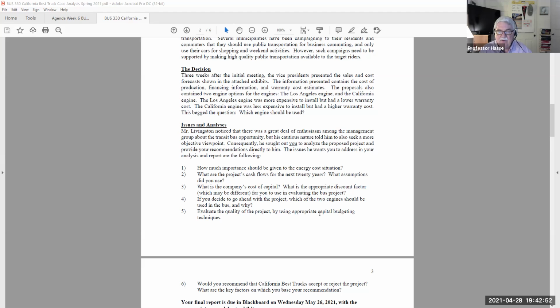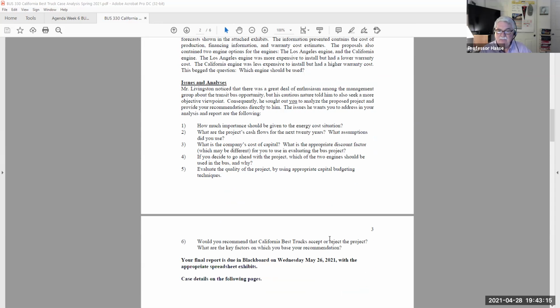So the paper is designed to, number 1, assess your ability to do a capital budget analysis, and secondly, to interpret it and write about it and present it in a format that makes sense and is understandable and how you did the interpretation.